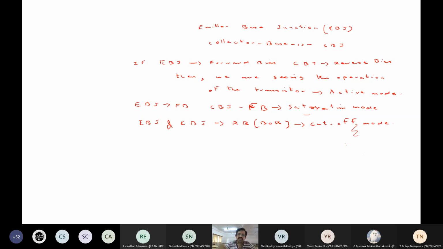Okay. So with these definitions, we will discuss the more interesting thing, which is when the transistor is in active mode. Okay. So our class today is about the discussion on the active mode of operation.